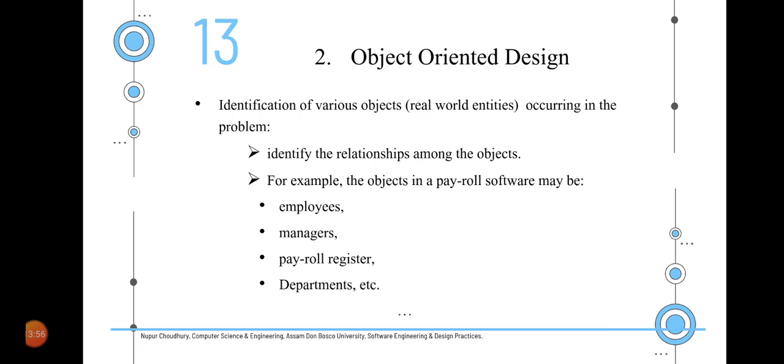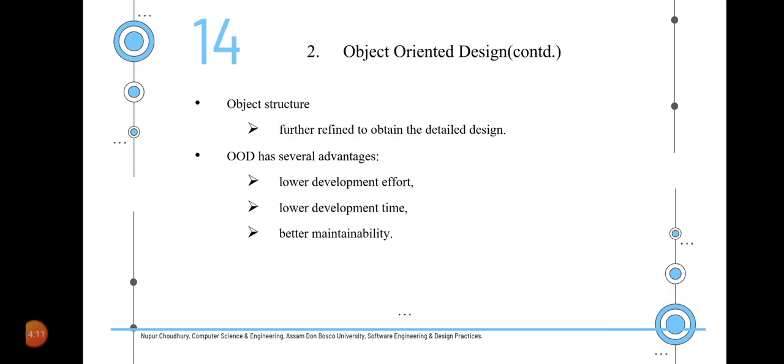For example, the objects in a payroll software may be employees, managers, payroll register, departments, etc. Once all these objects are identified for a particular software, the relationships are also identified.